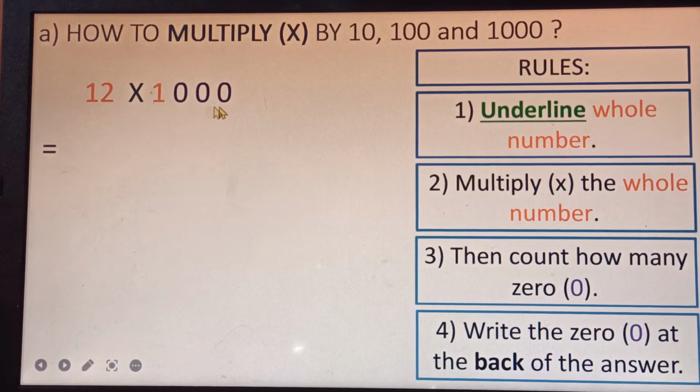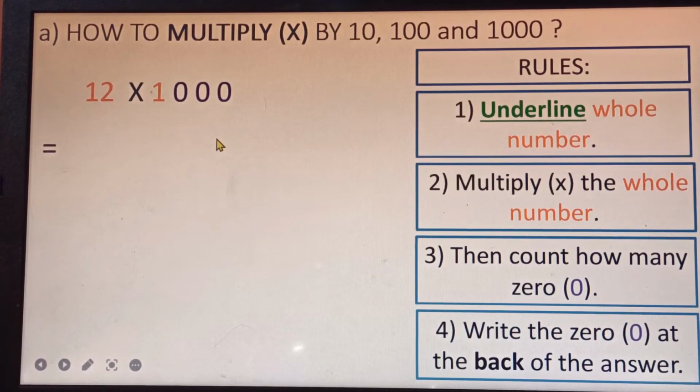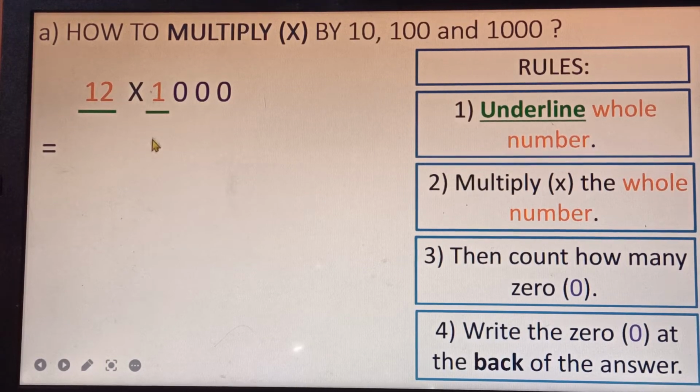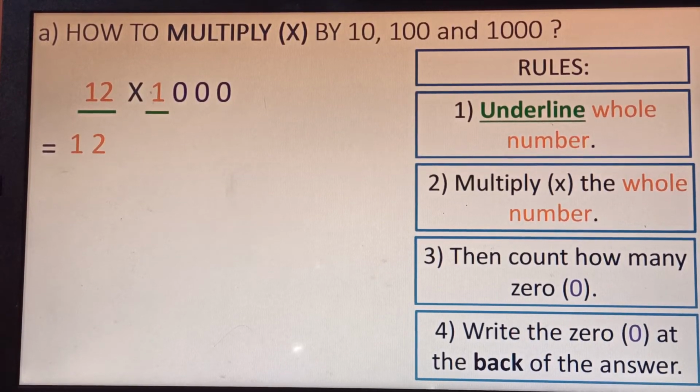Okay, now let's go to 1,000. 12 times 1,000. What do you think is the answer? First, we underline the whole number. So underline the whole number, please. 12 and 1. Very good. Alright. So next, multiply the whole number. 12 times 1. The answer is, yes, 12. Good. And how about the 0?